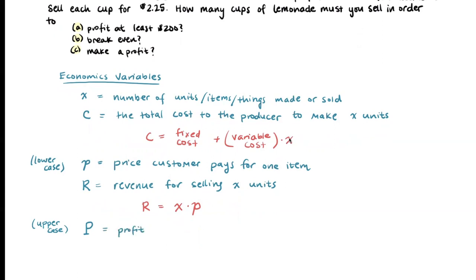That's how much money that you actually have gained with your costs taken away, because you have to take that into account to figure out how much you've made. All right, so profit for making and selling X units, right? Again, that's going to depend on how many items you sell.